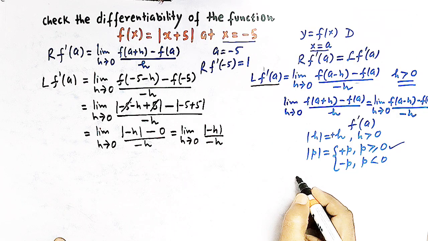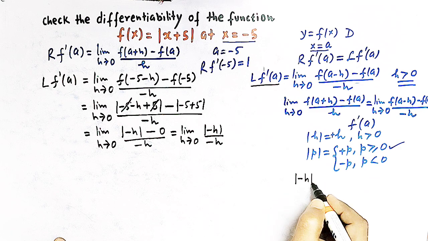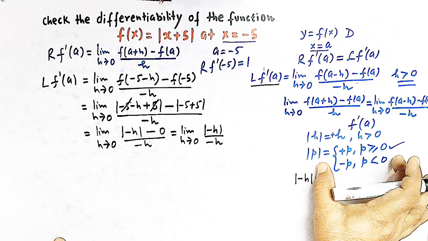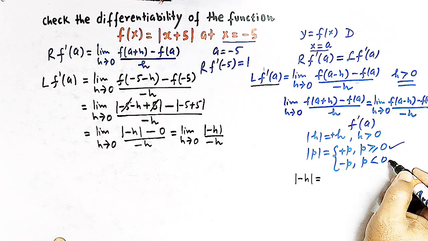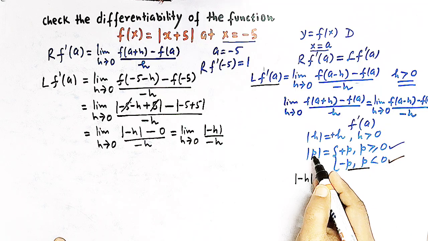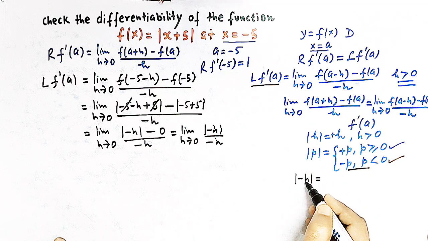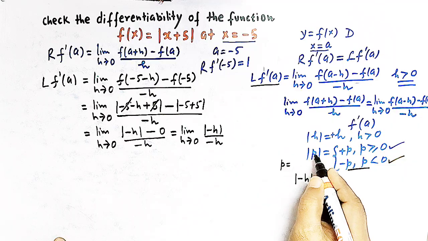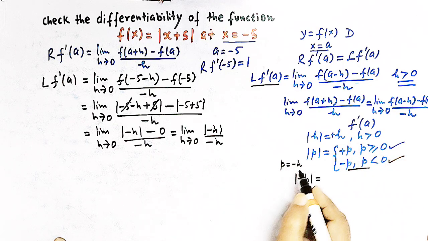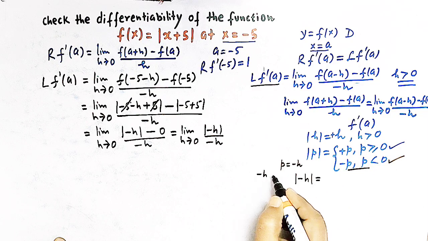So now to get the value of mod of minus h, we are going to make use of this definition, and here we'll make use of this part of the definition, right? So here now for p we have minus h, so replacing p by minus h, and h is greater than 0, so minus h is less than 0, right?